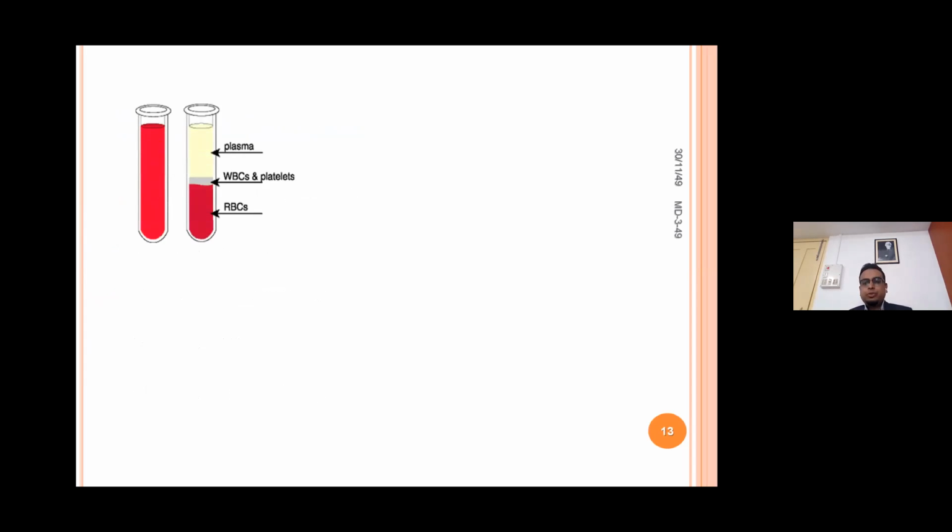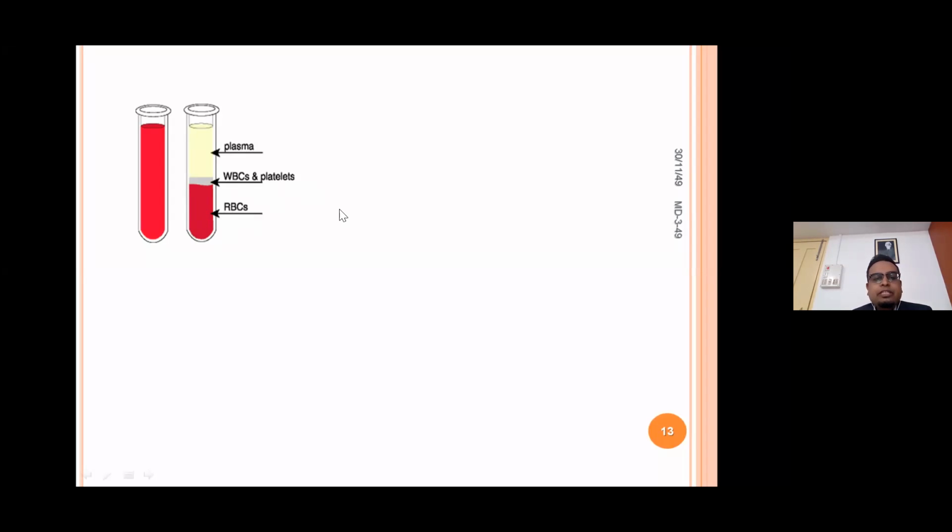It is very simple to separate a blood unit into components. The simple principle is that if we take a sample of blood in a test tube and centrifuge it, the blood separates into 3 layers: the topmost layer of plasma, the middle layer of buffy coat, which is composed of WBCs and platelets, and finally the bottom layer of RBCs.